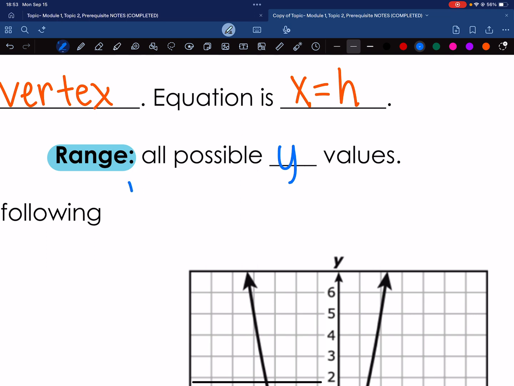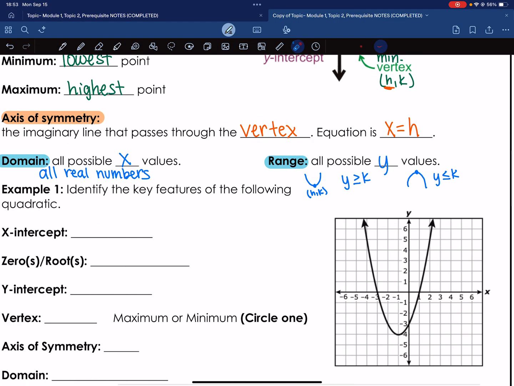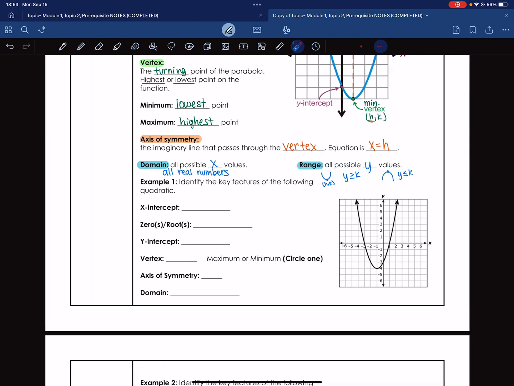When you have a parabola that opens up, with vertex h, k, then your range is y is greater than or equal to k. But when you have a parabola that opens down, like this, then your range is y is less than or equal to k, because all the y values are less than that k value.